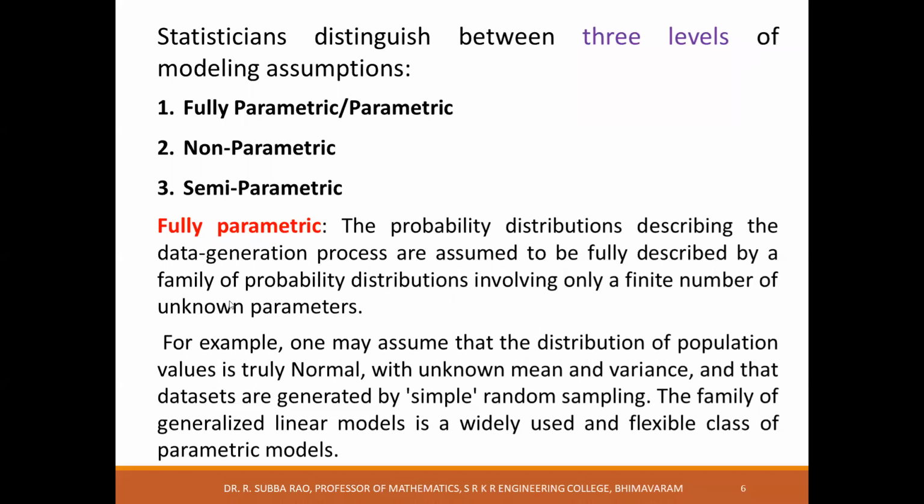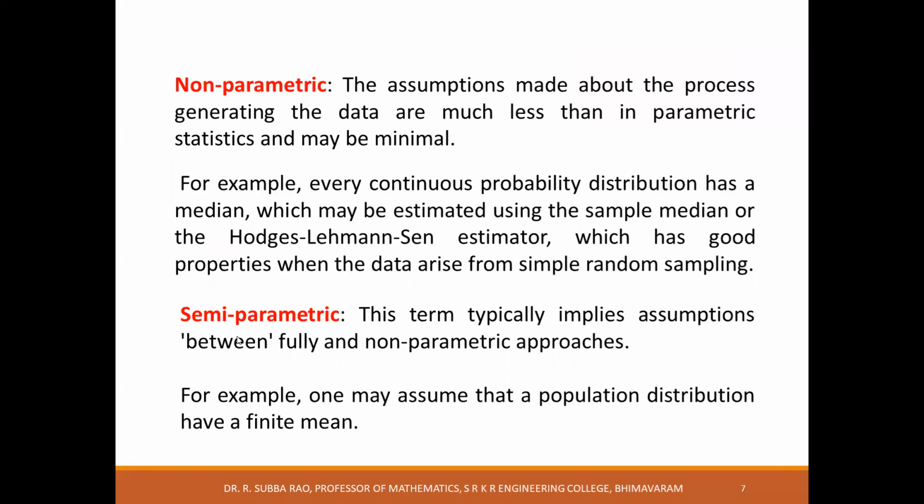In fully parametric, the probability distribution describing the data generation process is assumed to follow some probability distribution, and we try to estimate those population parameters and then go for the testing of hypothesis. The most general parametric models that we consider are the normal population, binomial population, Poisson population, exponential population, and so on. These are widely used in experimentation.